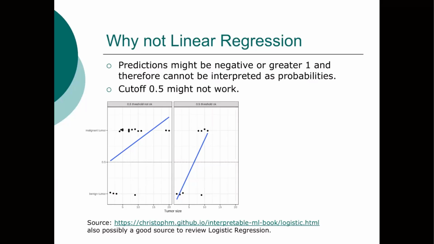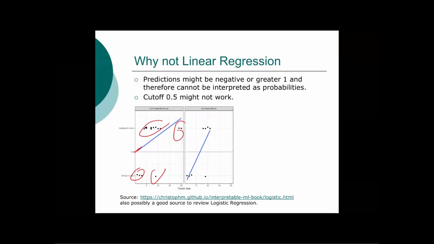Well, let's look at our regression line. Our regression line always produces values greater than 0.5. So the whole area, all of these are considered as malignant. And this just doesn't make any sense. So that's another problem we have here with linear regression. So we don't want to use linear regression.